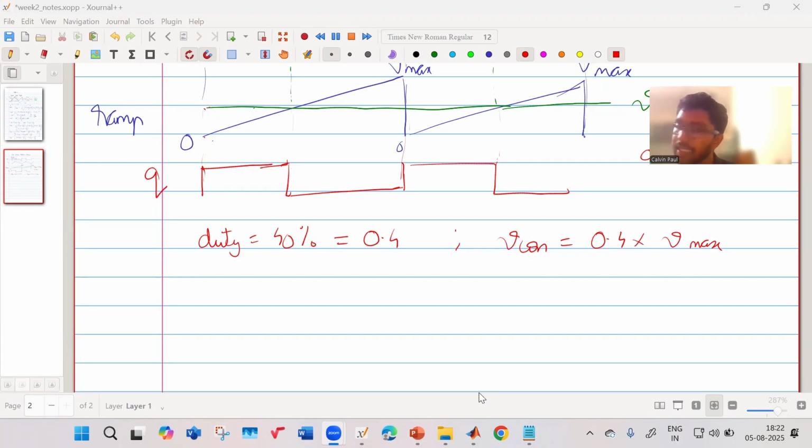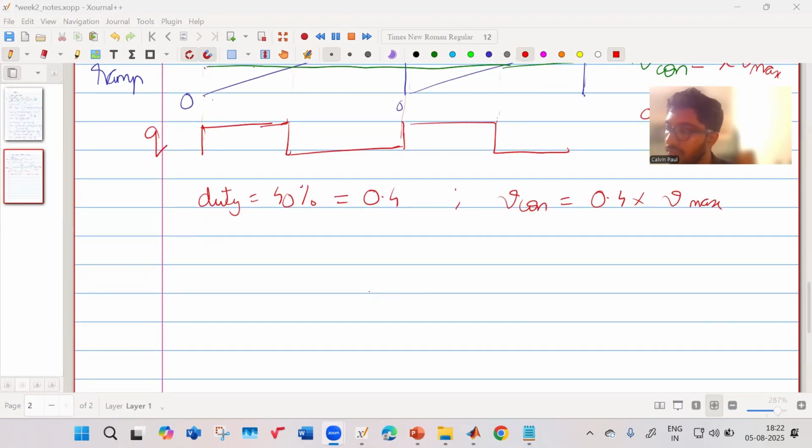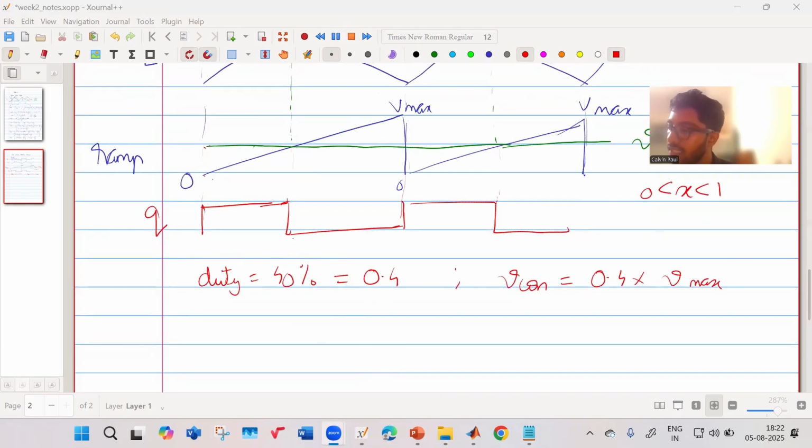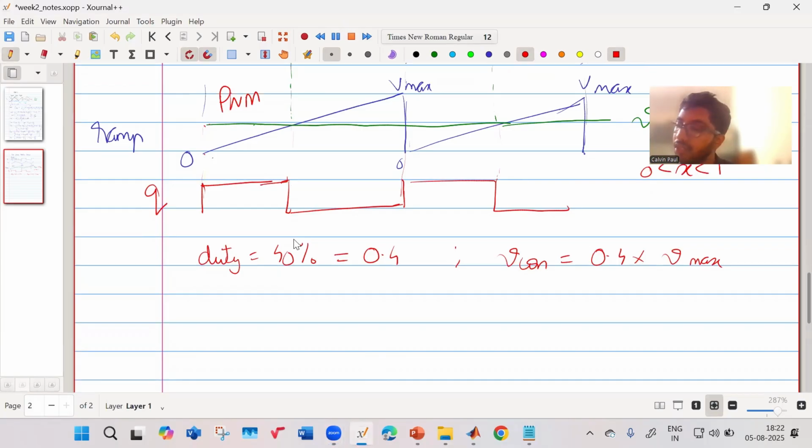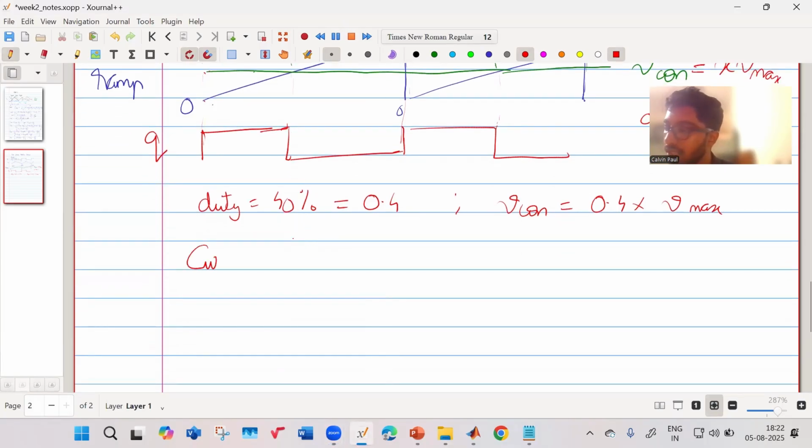Next, there is a case known as current mode control. The previous one is based on PWM. Next, we generate these gate pulses using current mode control.